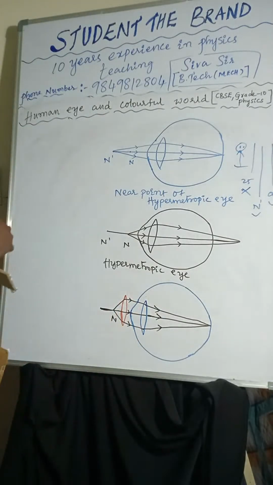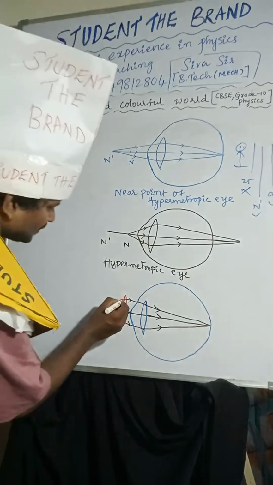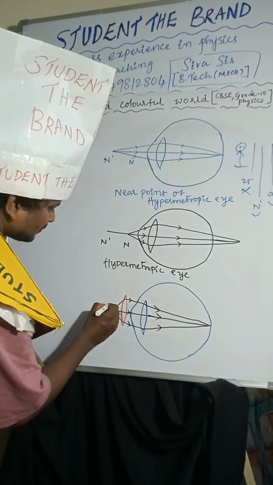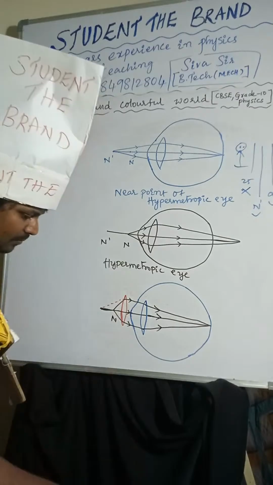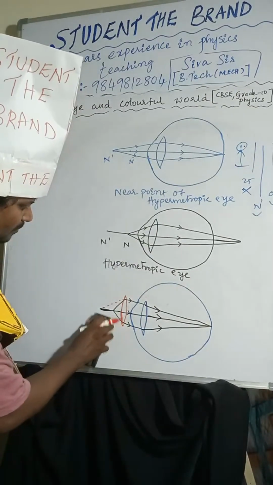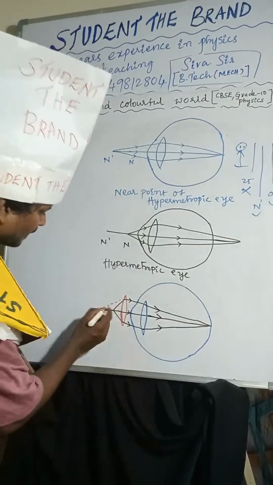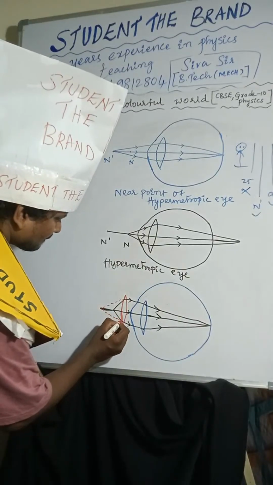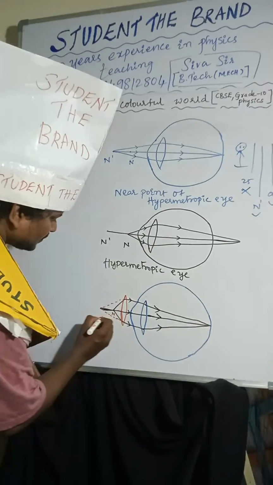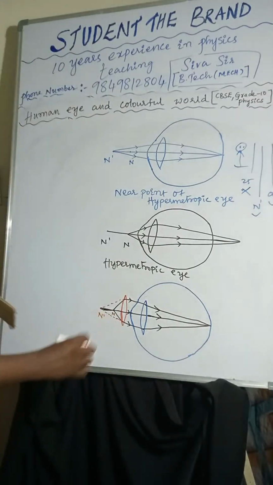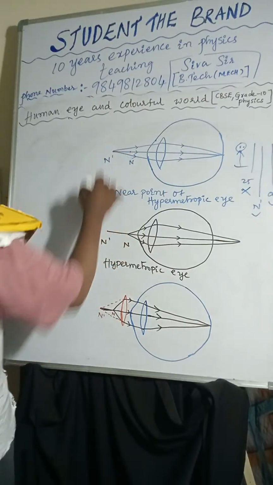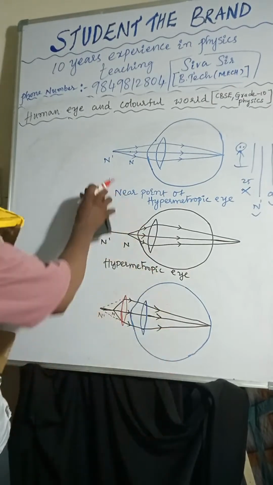If you extend these light rays, they will meet at N dash. You have to see that this must be in one single line. Then it is correct.